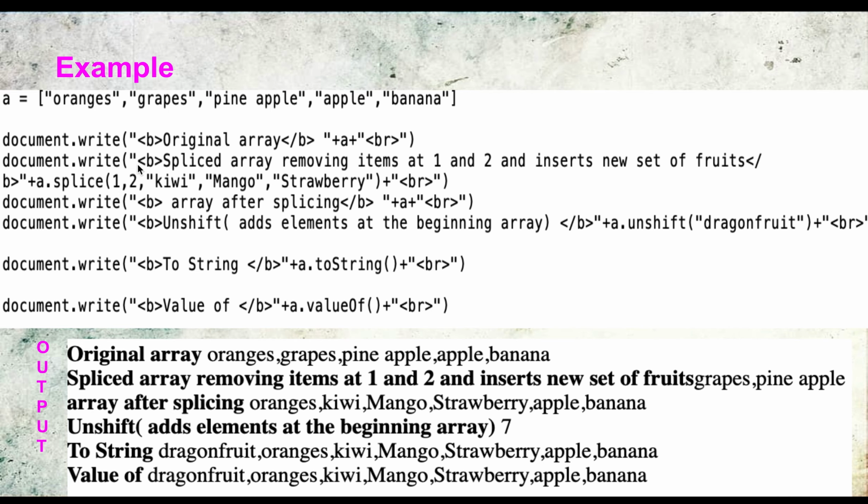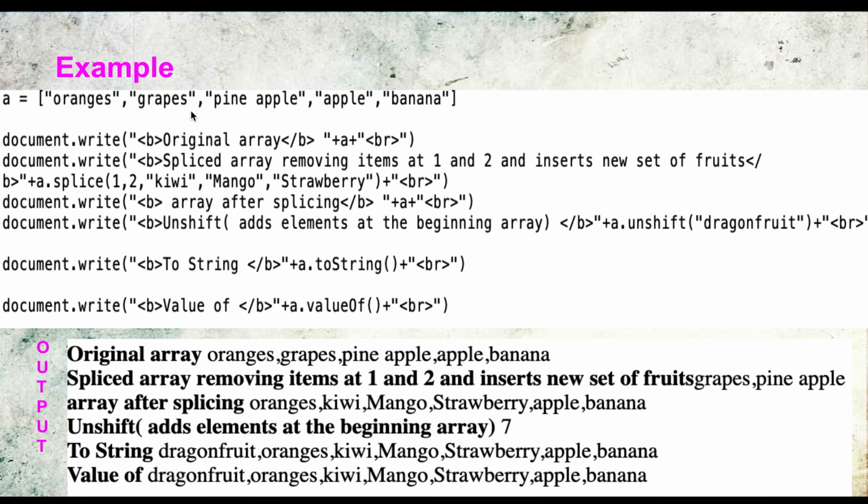How many elements to be removed is specified in the second parameter, which is here 2, which means starting from index 1, remove 2 elements, that is grapes and pineapple are removed. Then at index 1, that is at the place of grapes, add the given elements, that is, here the elements added are kiwi, mango and strawberry.